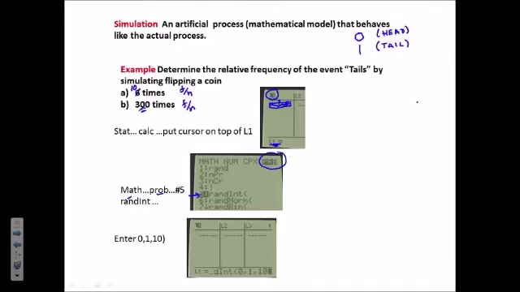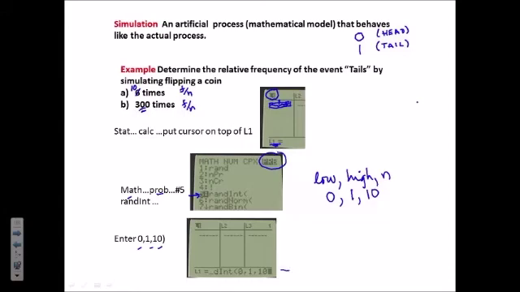The way random integer works is you type in the low end, the high end, and the number of times you want to do this. So the low end would be 0, the high end is 1, and let's say we want 10 flips. So you would enter 0, 1, 10 with commas in between.